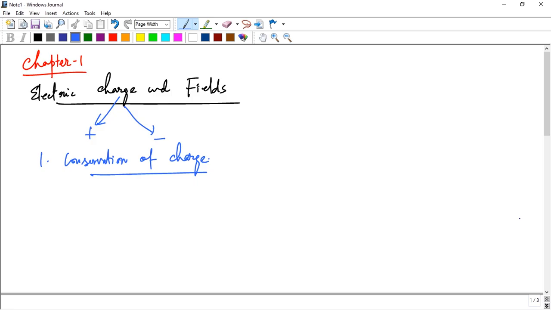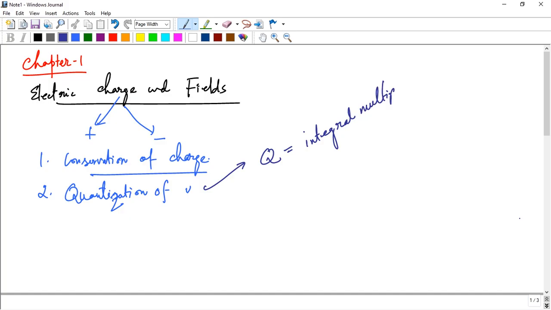Next, the quantization of charge. Quantization of charge means that any charge, suppose any charge Q, is an integral multiple of the fundamental unit of charge.